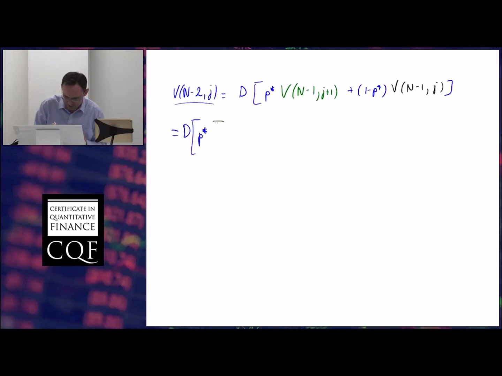This green thing is actually equal to D multiplied by p star V_n,j+2 plus 1 minus p star V_n,j+1.